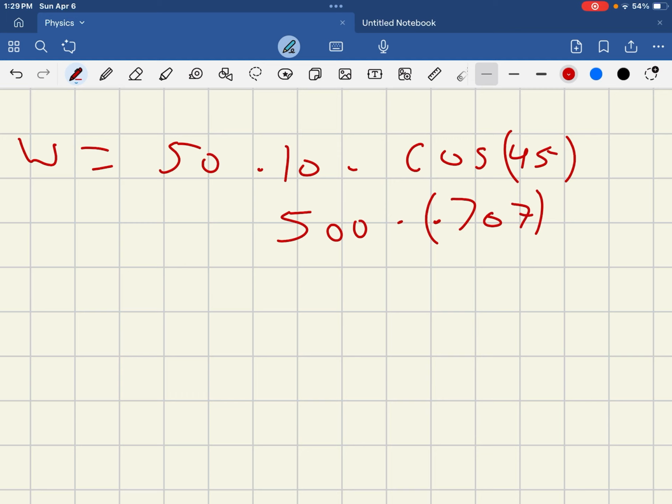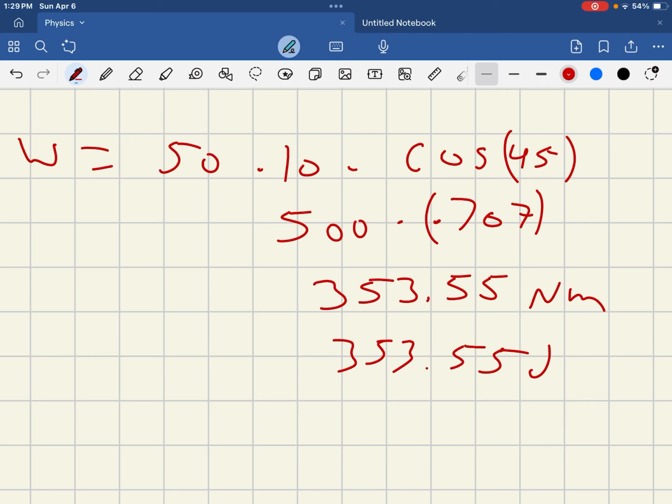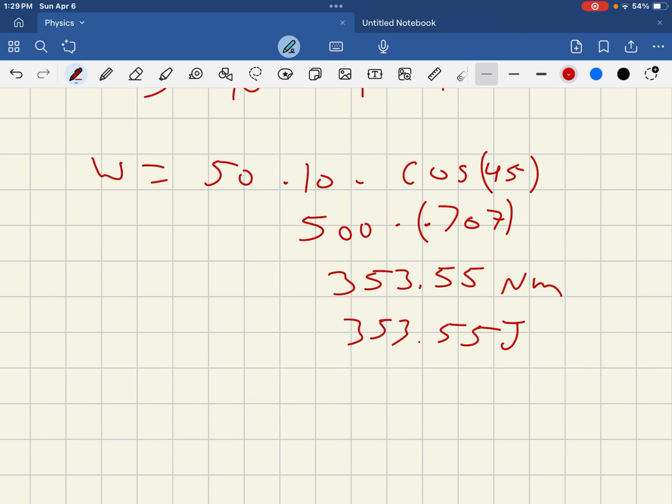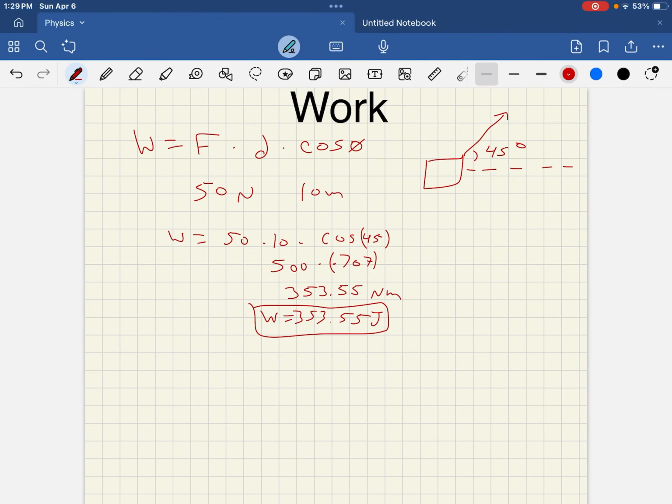And we get about 353.55 Newton meters, which is just a joule. So 353.55 joules. That's how you solve work problems.